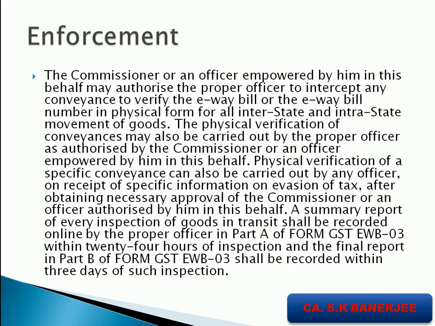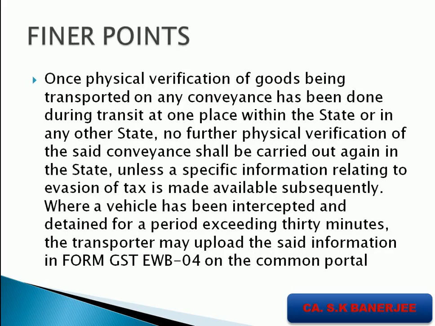The final report will be given in Part B of form EWB03 within 3 days of the inspection of the goods. Once physical verification of goods in transit has been done, no further physical verification of the said conveyance shall be carried out again in the state. So in a particular state, physical verification can be carried out only once, unless specific information of tax evasion is there.